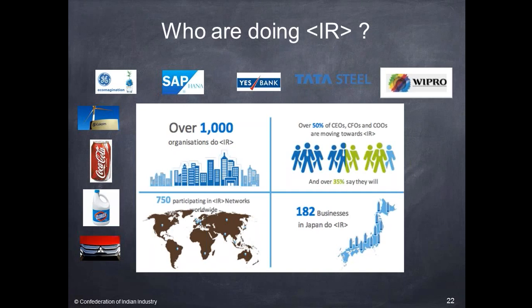I've put Japan as an example here because it's closer to home, but there are 180 businesses in Japan who do IR, and this was a lot to do with the Japanese Prime Minister, Mr. Abe, who highlighted corporate reporting reforms and integrated reporting specifically to help businesses refocus and help investors invest in long-term value creation. So that drove and is still driving a lot of Japanese companies to do it.